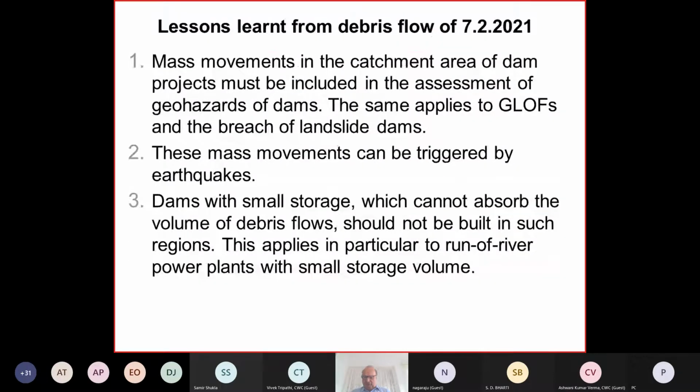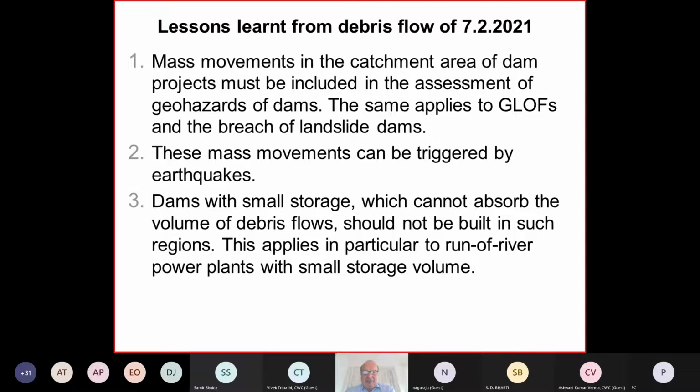Okay, what are the lessons learned from this incident, and also what I've shown from Peru: the mass movements in the catchment area of the dam project must be included in the assessment of geohazards of dams. Of course, the same applies to glacial lake outflows and the breach of landslide dams.